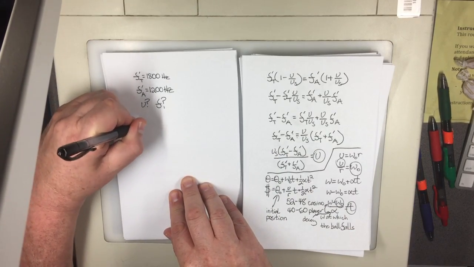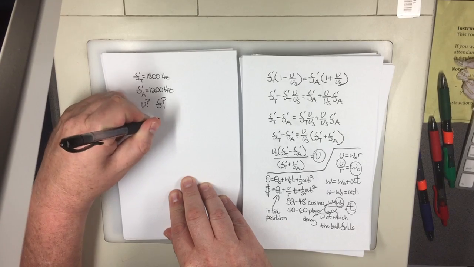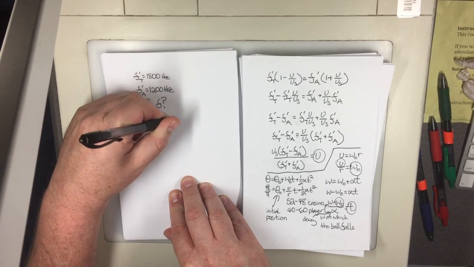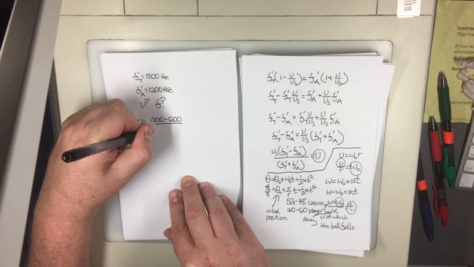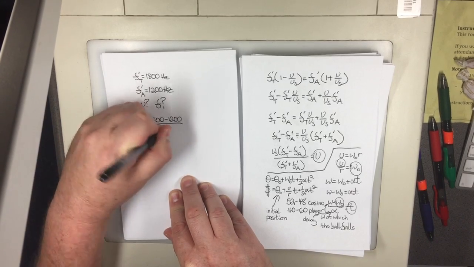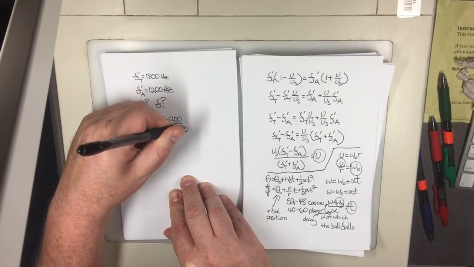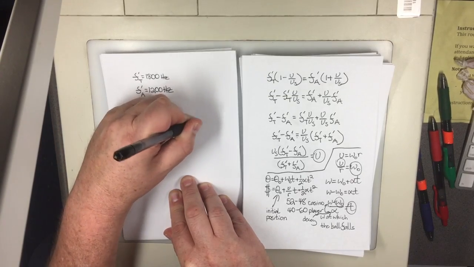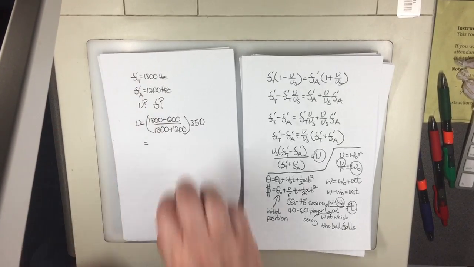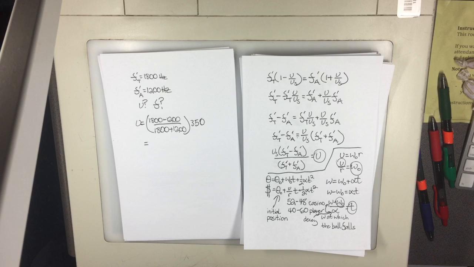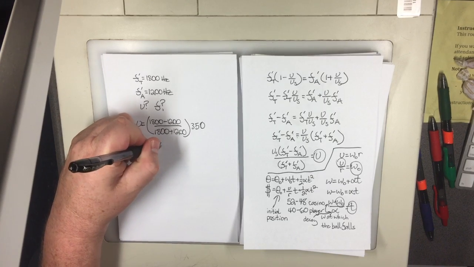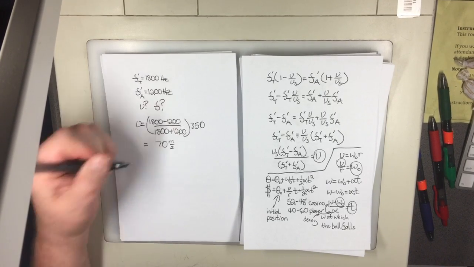Well, the velocity is 1800 minus 1200 over 1800 plus 1200, times 350. So 600 divided by 3000 is 1/5. 1/5 of 350 is 70 meters per second, I think.